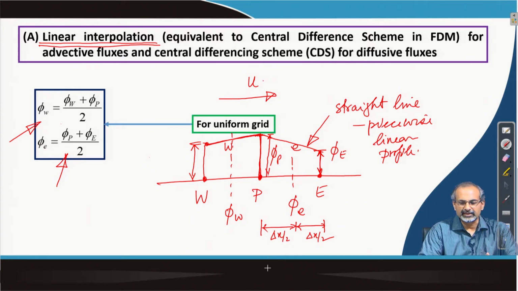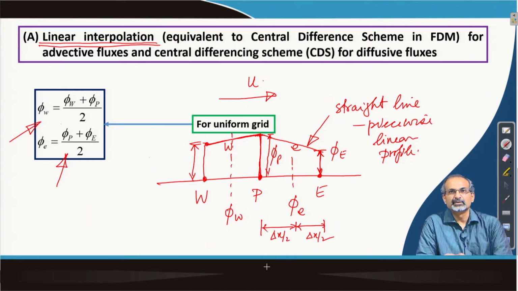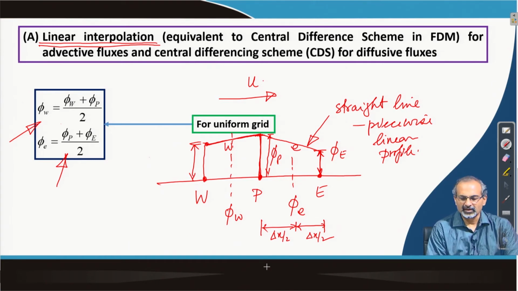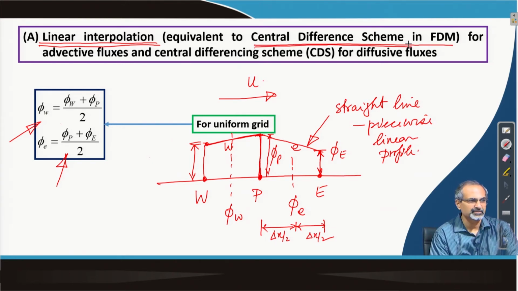That would be answered later, but we need to keep this in mind, and we are going to go ahead with this definition. When we use this kind of a definition, correspondingly when we use finite difference method, we would have called it a central differencing scheme. So, very often linear interpolation or CDS essentially means the same.